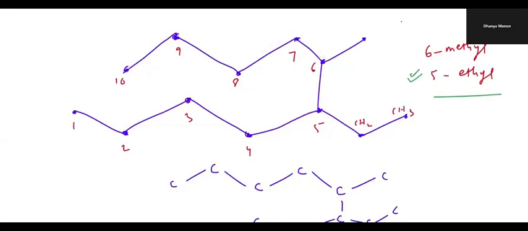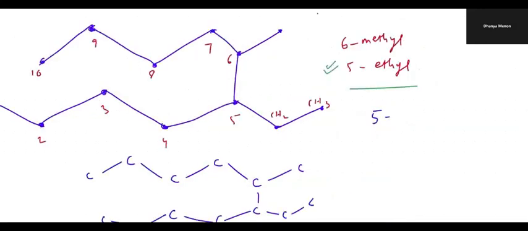I hope you understood, because the first point of difference is the same. So here you will name it like this: 5 ethyl, 6 methyl, decene.